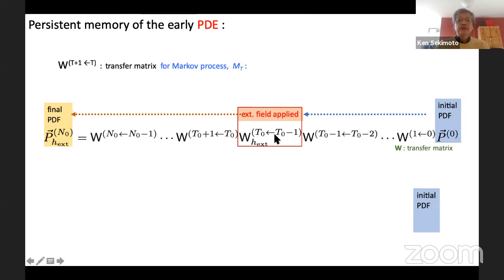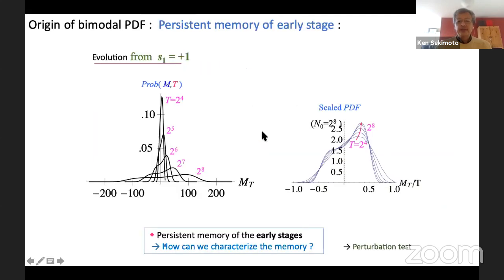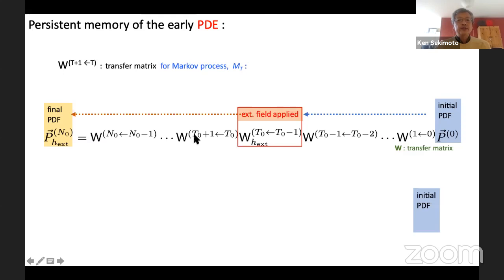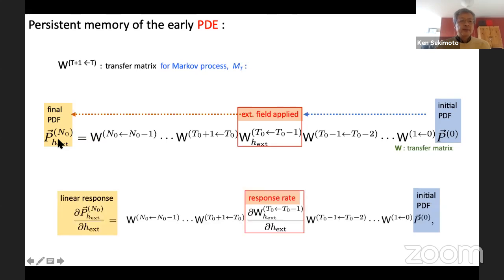If I want to give some perturbation, just upon fixing the T0 spin, I modify this transfer matrix by adding some field. Then I continue to evolve without external field and observe the final distribution. If we are interested in the linear response, instead of applying the finite field, I apply the infinitesimal field at this stage and then measure how the distribution is modified.